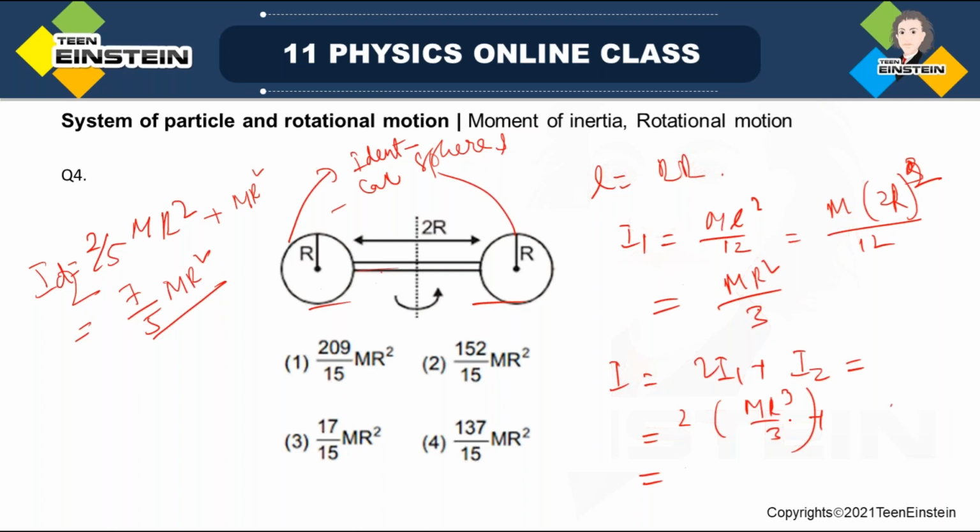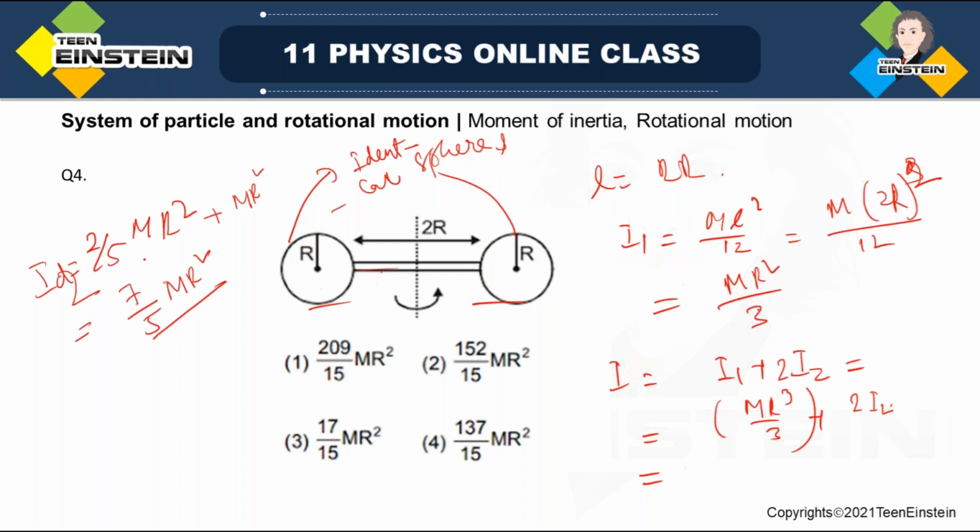So if you solve it, I1 I had taken as for the rod. I'm sorry, this is not 2. This is I1 plus 2 I2.